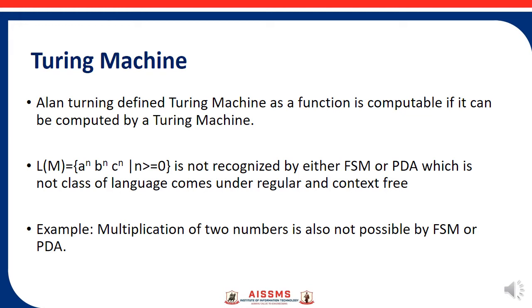Such classes of languages can be solved by the Turing machine. In fact, all kinds of binary operations, mathematical operations, reverse string operation, multiplications, all such examples which are not possible to be solved by FSM or even push down automata can be solved by our Turing machine.